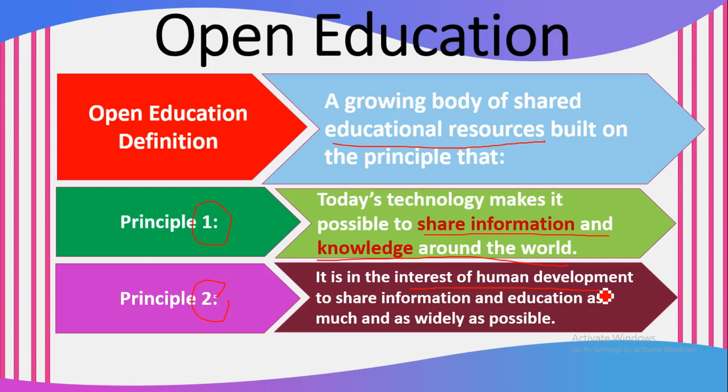So if I'm working under open education, I must know that I need to share my information, I need to share my knowledge, and I will not be having popularity or monetary benefits out of that material, because I'm working for the interest of human development, and I'm working to share the information as much as possible. So this is how open education works.